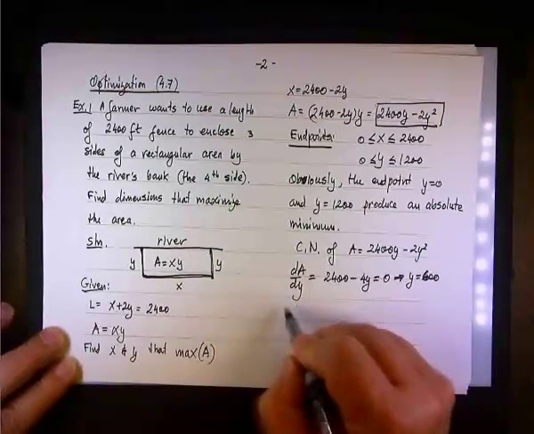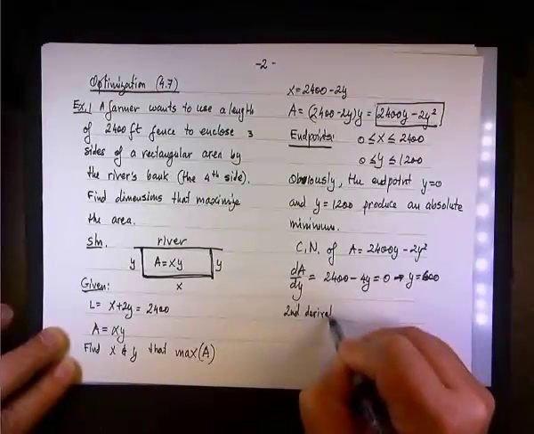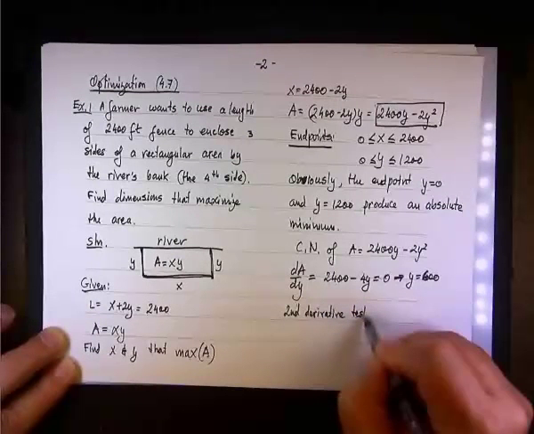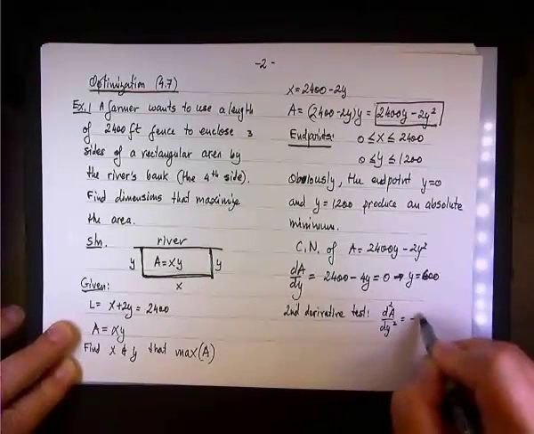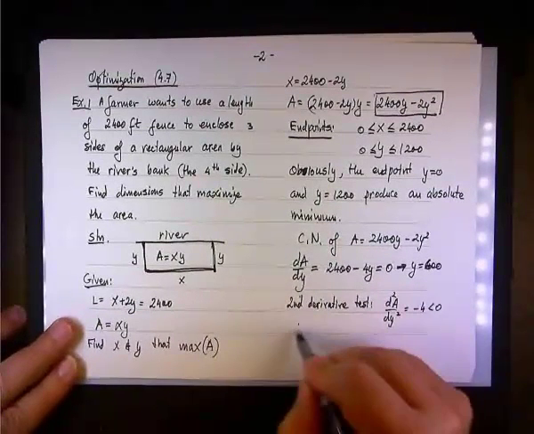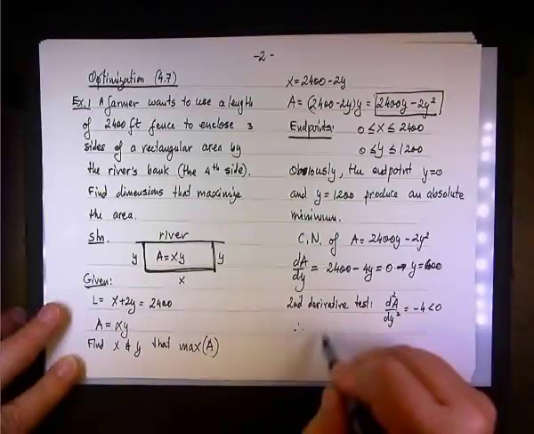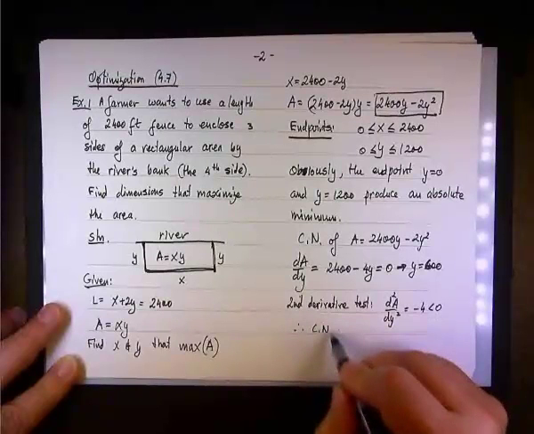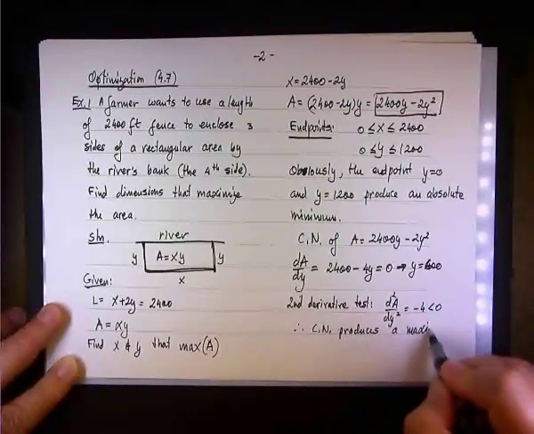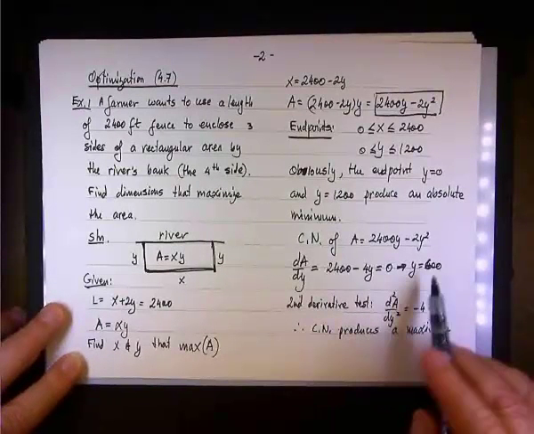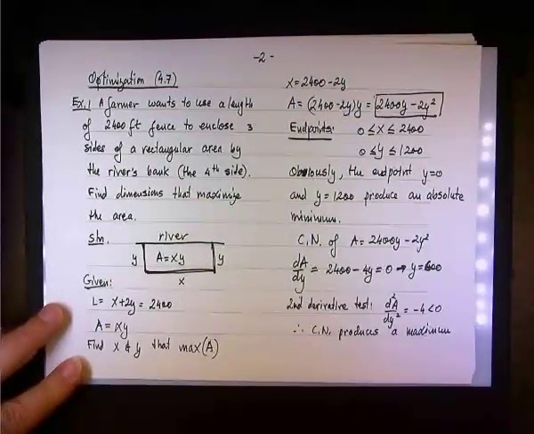So, what about the second derivative test? This is also an obvious thing, but just to go through the formalities here, d2A/dy squared equals -4, and it's negative, therefore we have a maximum, right? Therefore, the critical number produces a maximum. So the answer will be if y equals 600, x equals 2,400 minus 2 times 600.